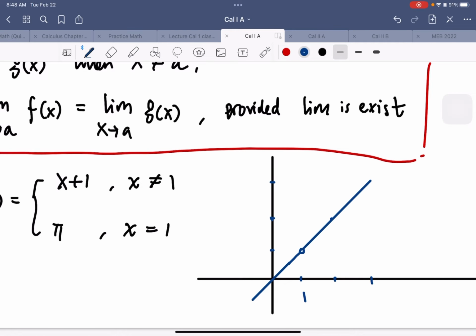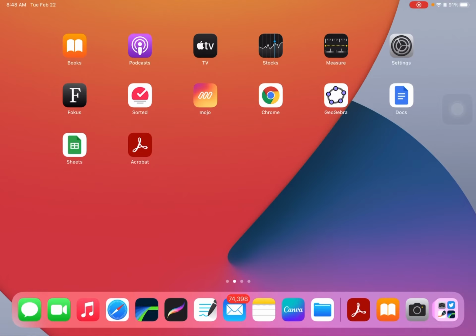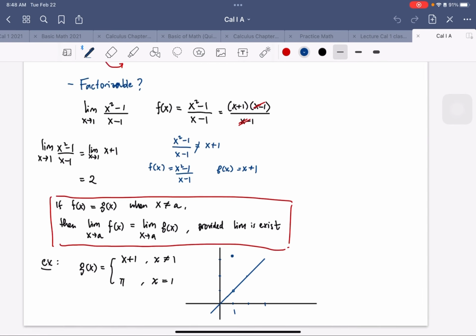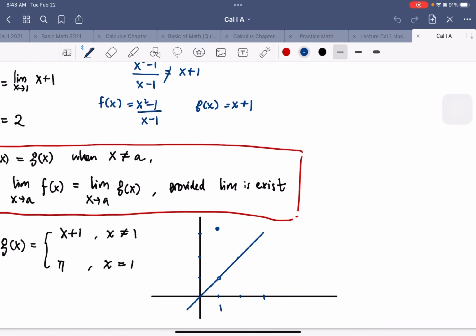Pi maybe around here. Let's say this is pi. This is x plus 1.